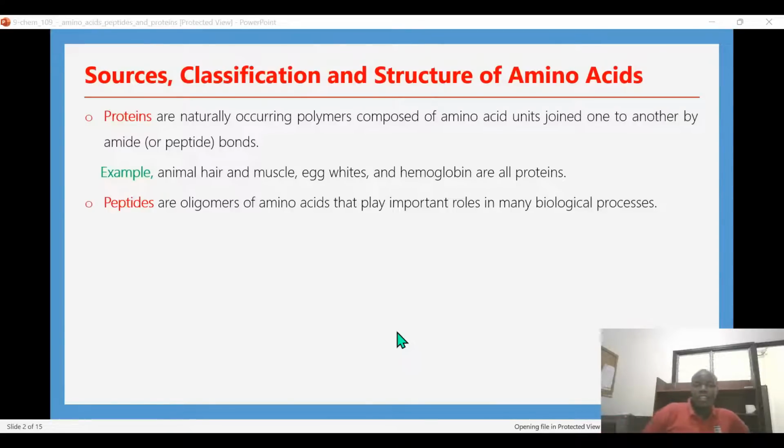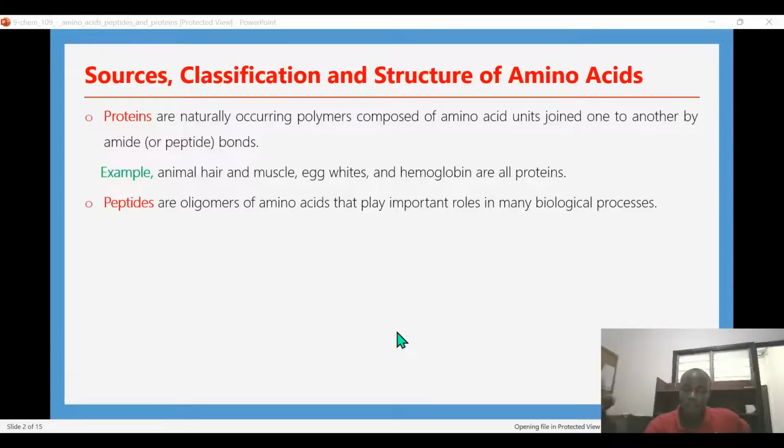At this point, before you go deep, you need to understand the differences between these three things. One, protein. Second, amino acids. And third, peptides.